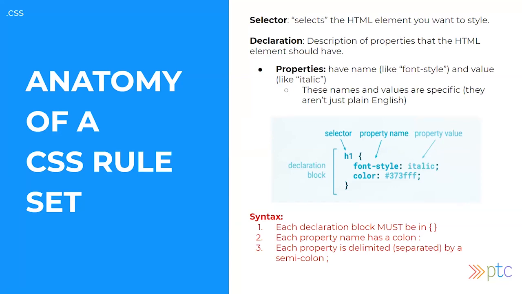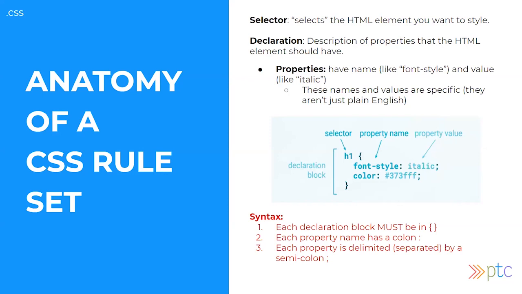Just to note, the hex that we have on the screen, which is that weird thing with the hashtag and the numbers and letters, is used to describe a certain color. They can be used to describe any type of color that you can possibly imagine. You can Google hex colors if you want to see more about what they are.